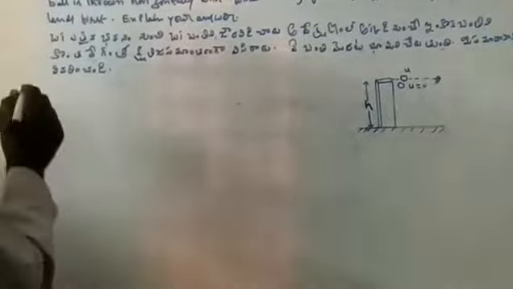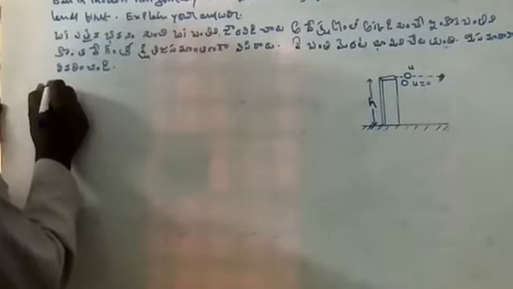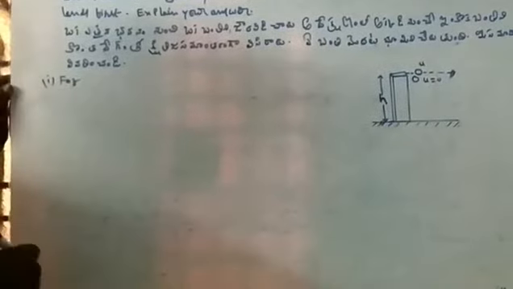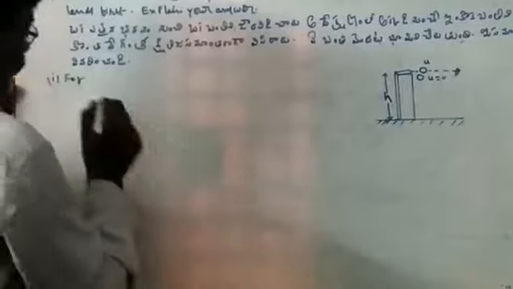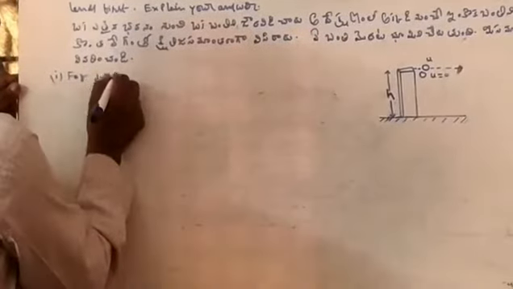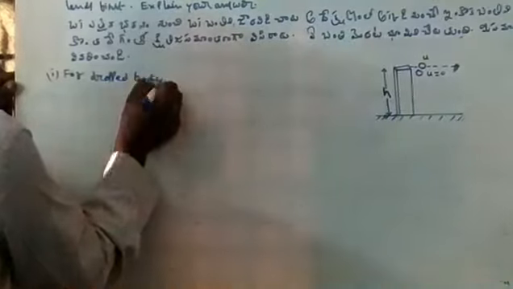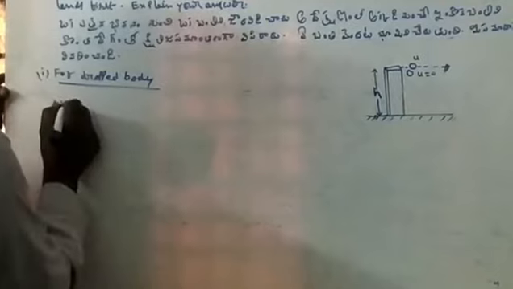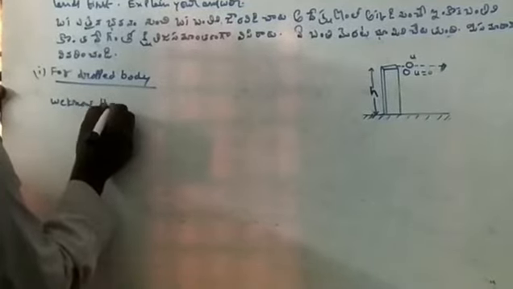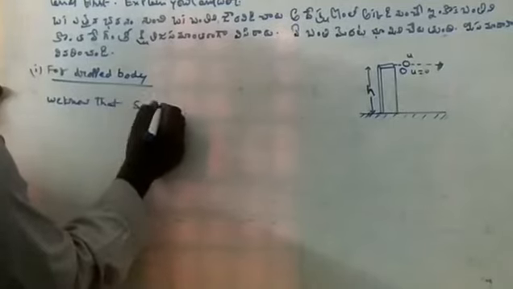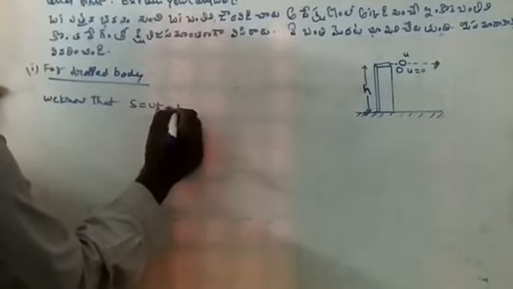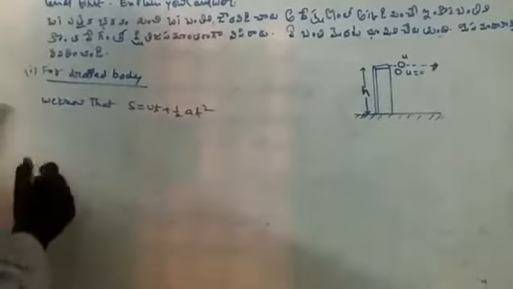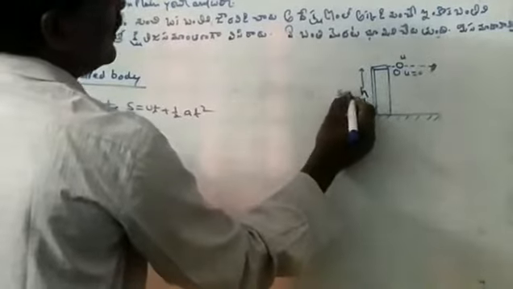First case, for the dropped body, we know that s is equal to ut plus half a t square. Here s means h, the distance traveled by the ball.